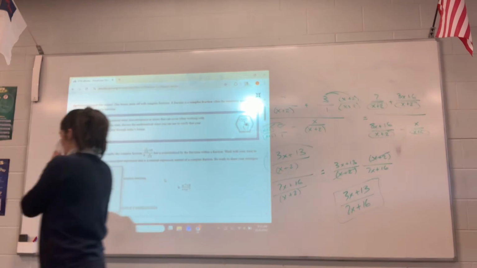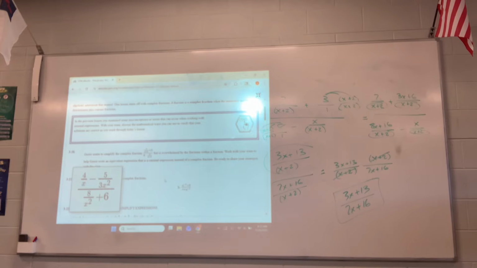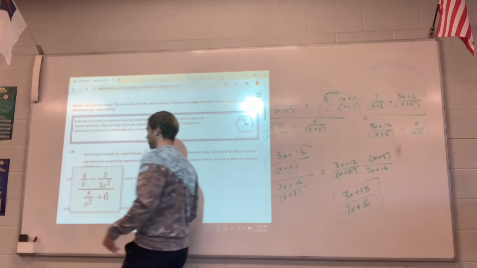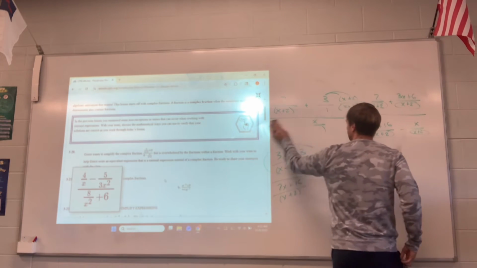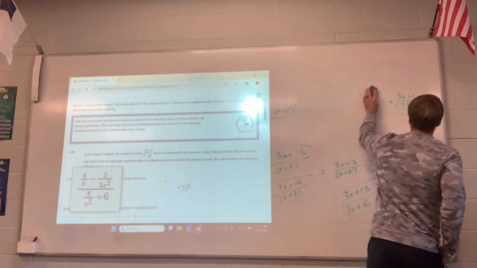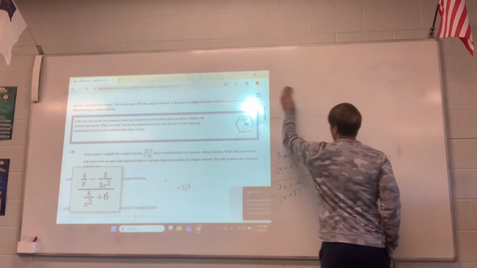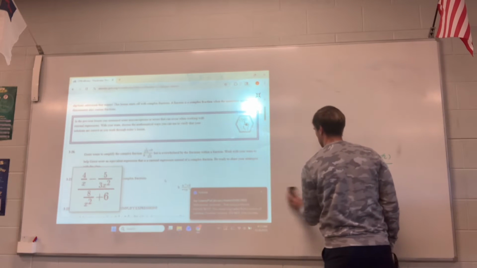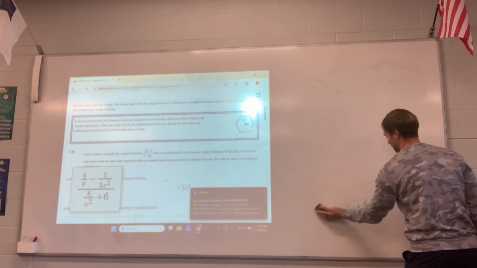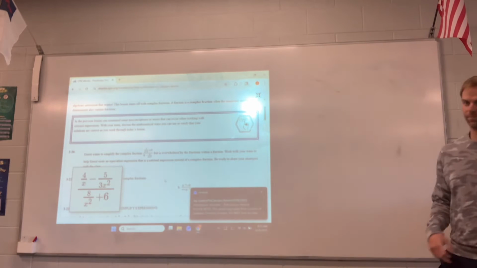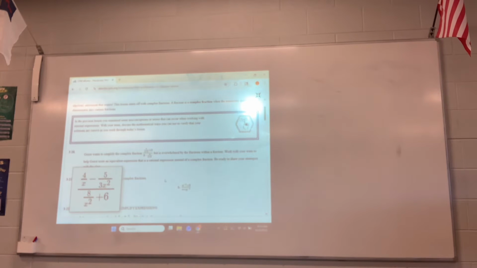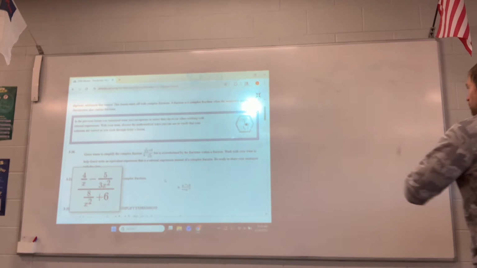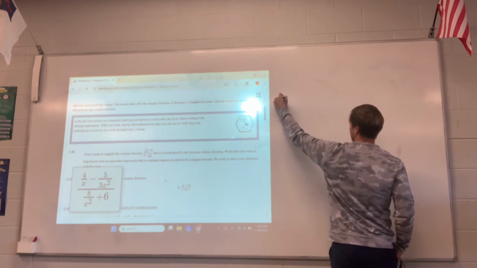Okay, so the next one here, same process. Now, help me out with the common denominator here. What do we got to do? What's going to make this one a common denominator?